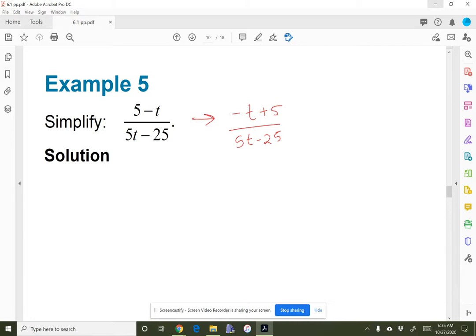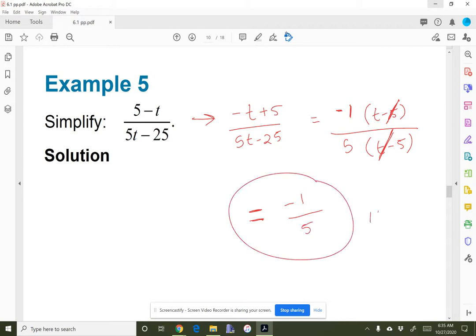So I'm going to factor this top, and if it starts with a negative, I'm going to take the negative out, and this becomes t minus 5. And then on bottom, it has a GCF of 5. If I take out the 5, I get t minus 5. Those cancel. So the simplified form would be negative 1 on top and 5 on bottom.